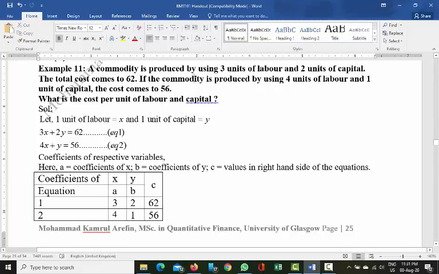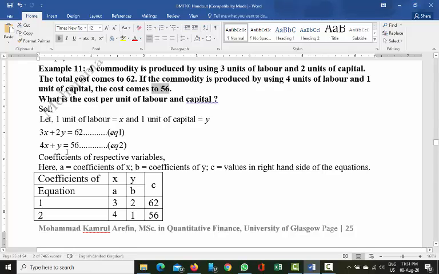Now, if the commodity is produced by using 4 units of labor, 1 unit of labor costs x taka, so 4 units of labor will cost 4x taka, and 1 unit of capital costs y taka. So that means 4x plus y, total cost is 4x plus y, that is 56.